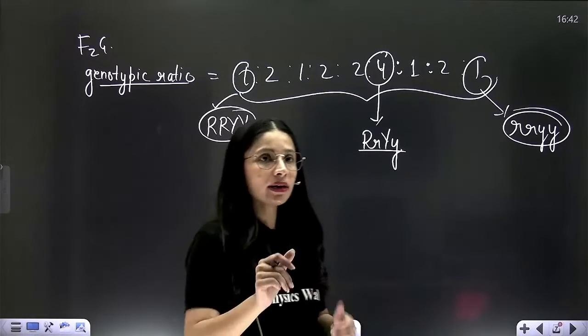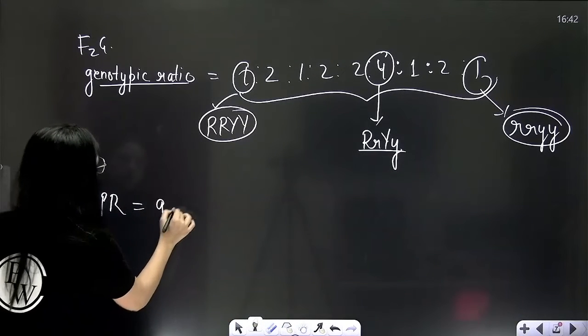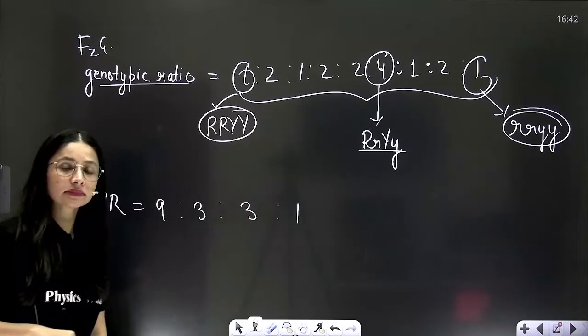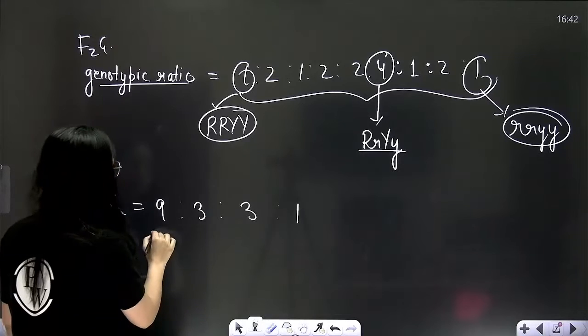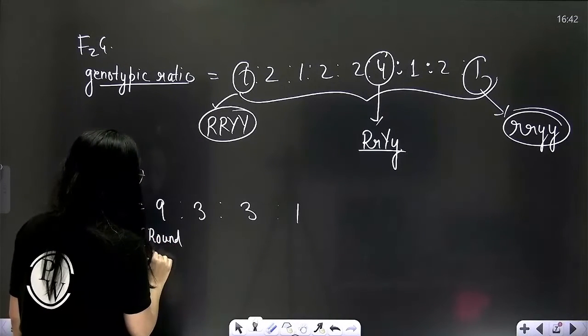Okay. Now, one more thing I would like to tell you, beta. The phenotypic ratio for the F2 generation is 9:3:3:1. Correct? Where you see, beta, 9 are round and violet.